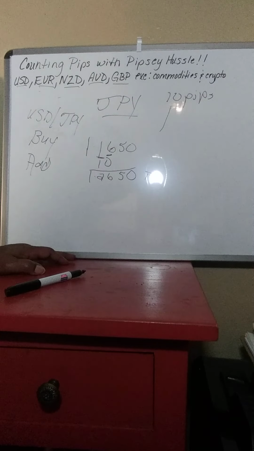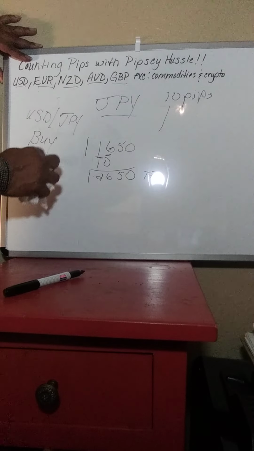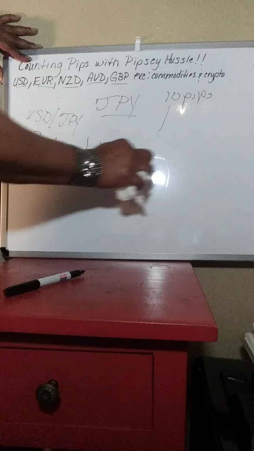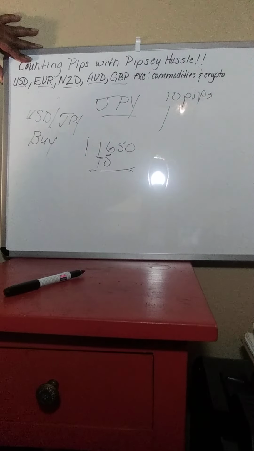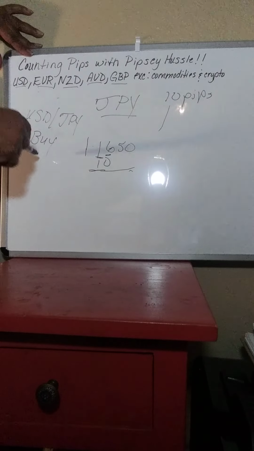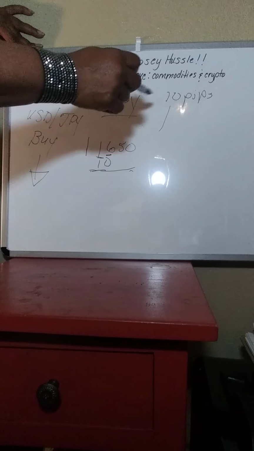And it's going to be the same if you're going to do your stop loss, except you don't add. If you're trying to get your stop loss, if this market decides to go down, because we're in a buy, we want it to go up so we can get 10 pips.